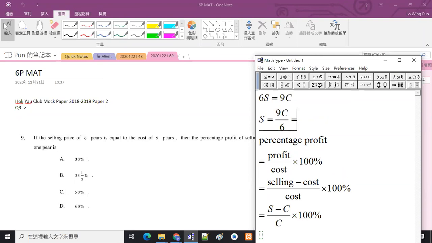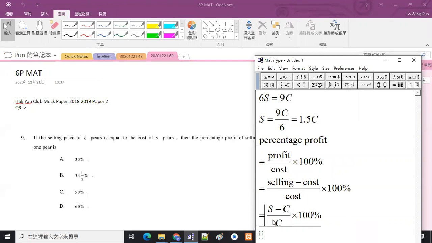Or if you just calculate the number 9 over 6, it should be 1.5C. Can you get this? So S can be changed to 1.5C.